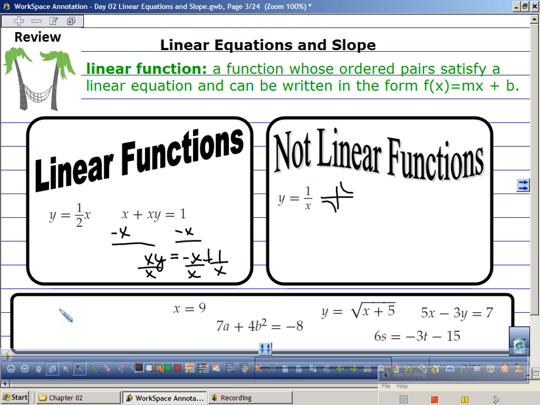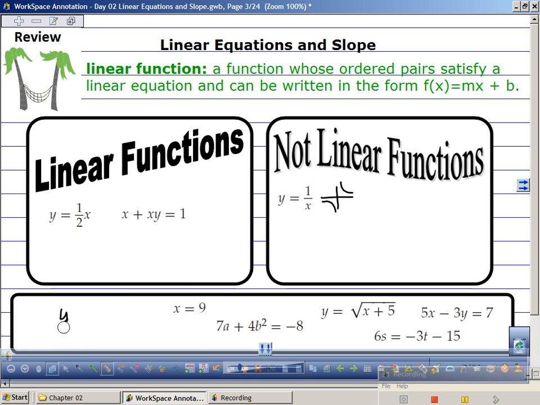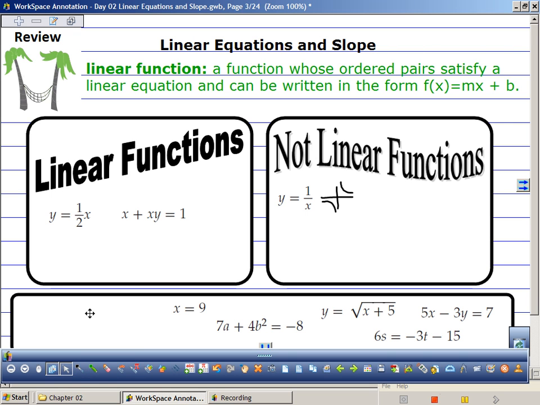Right? So this would actually be y equals negative x plus 1 over x. If you've got x in the denominator, that is not a linear function. So let's put that one over here.